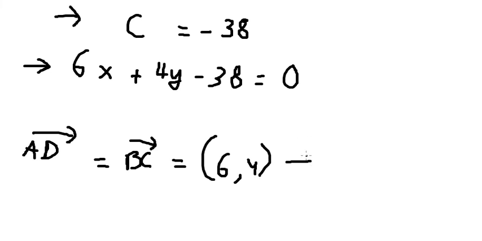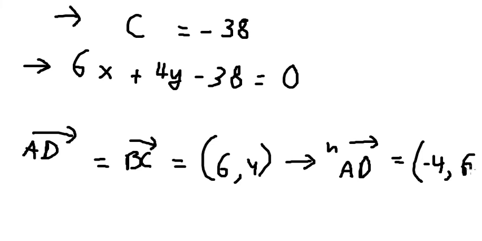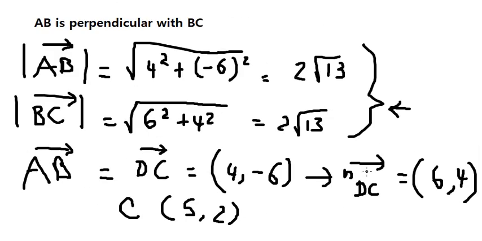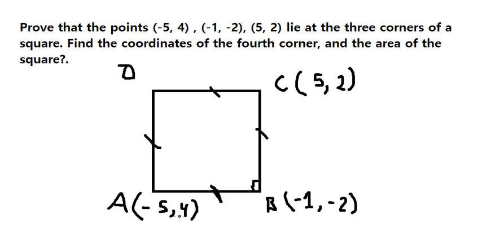So we find the normal vector, that should be negative 4, 6. So we know that this line goes through the point A, negative 5, 4.